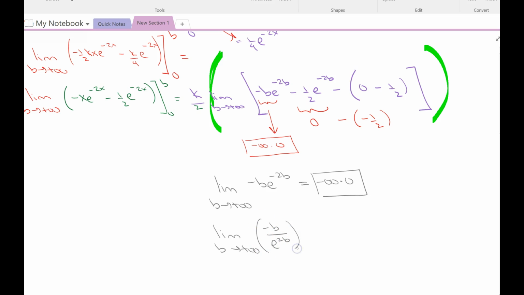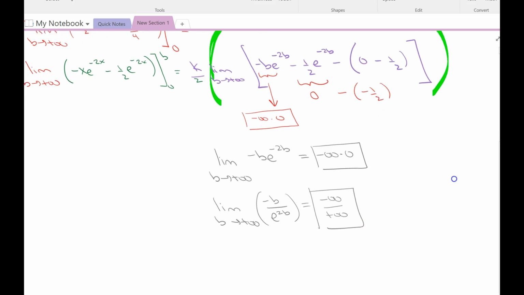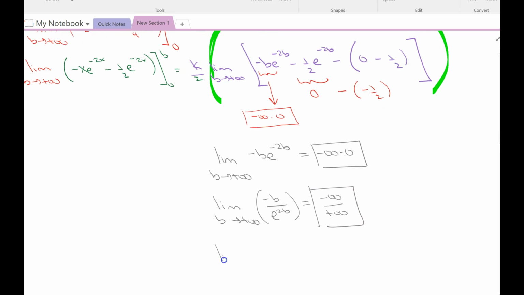A little bit of algebra brings me to negative infinity over positive infinity, a nice L'Hopitalable indeterminate form. Using L'Hopital's rule, the limit as b approaches positive infinity of -1 over 2e to the 2b. Nothing to clean up here. As b approaches positive infinity, this all equals 0.